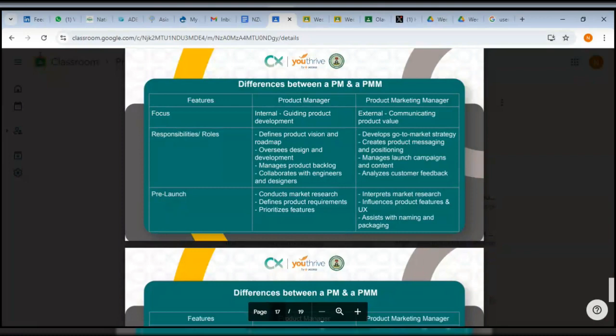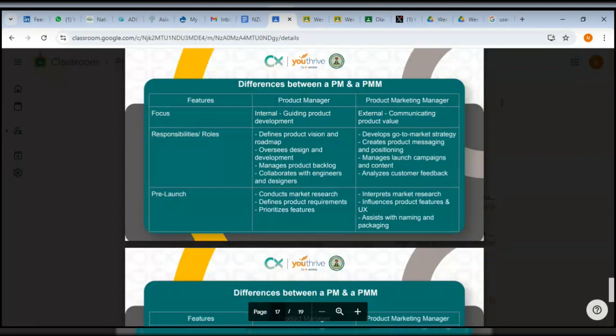And then responsibilities and roles. The product manager defines product vision and this vision and roadmap. They oversee the design and development, and they manage product backlog and collaborate with engineers and designers.